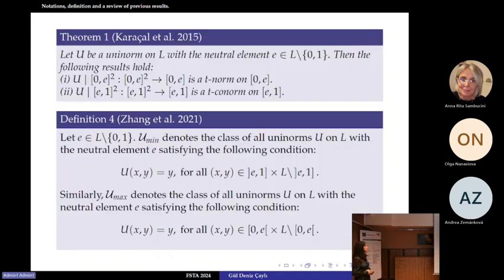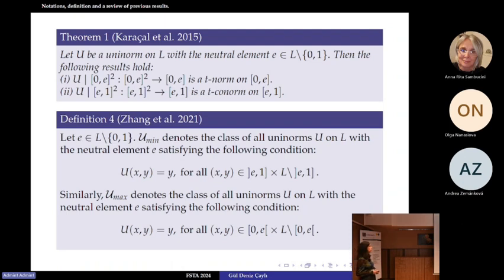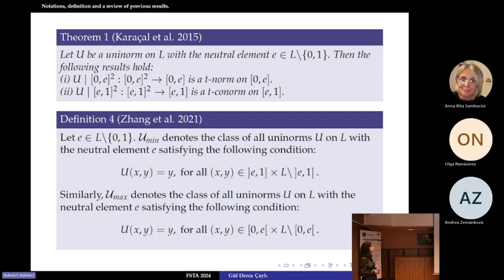The restriction of a uninorm on the closed subintervals [0, E] and [E, 1] are a T-norm and a T-conorm respectively. We denote by this notation the class of all uninorms on a bounded lattice satisfying this condition. Similarly, we can define the class of UMX.